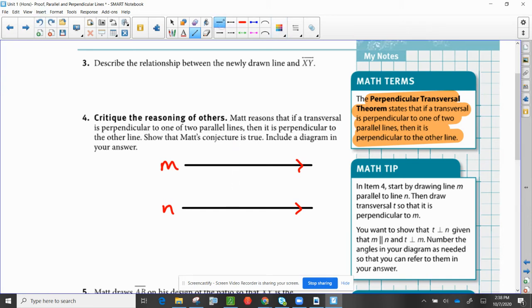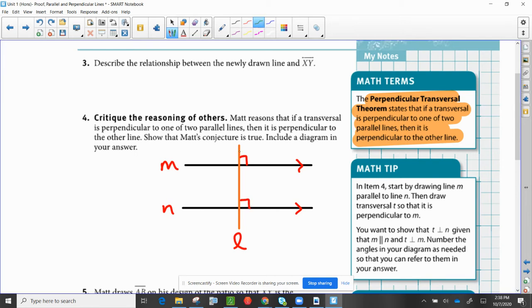Oops, let's try that again. Okay, so they're saying if your transversal is perpendicular to one of the parallel lines, say that transversal, let's call it L. If that transversal is perpendicular to line M, then it has to be perpendicular to line N. It has to be perpendicular here also.